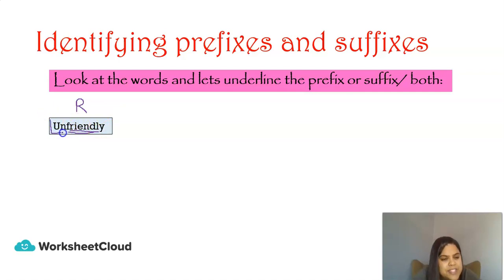So my prefix is un, and I'm drawing a square or a rectangle around it, and my suffix is ly, and I'm going to try and draw a circle around it. And that is my suffix, okay? So I want you to do the same thing when you see the words come up. I want you to draw a square around the prefix, underline the root word, and draw a circle around the suffix.